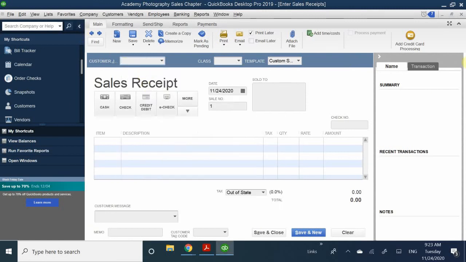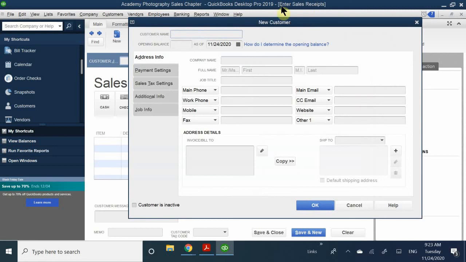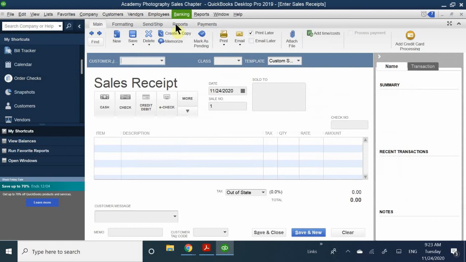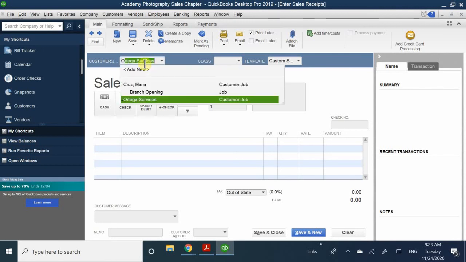So what I'm going to do is a quick add. You don't need to fill in this information, as we saw before. You can edit the information anytime. So I'm just going to go ahead and click OK. So there you go. Okay, well that was very weird. So let's type that in again.